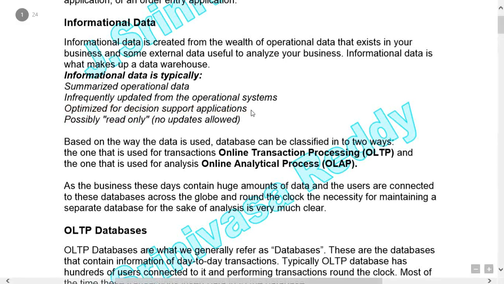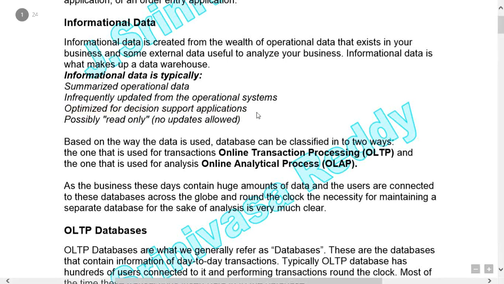The entire data warehousing system and business intelligence solution is a decision support application. Okay, it is a decision support solution. It is a business intelligence solution. So this informational data is exclusively optimized for management decision purposes, for decision support applications.